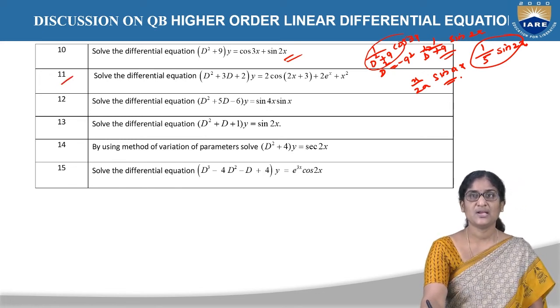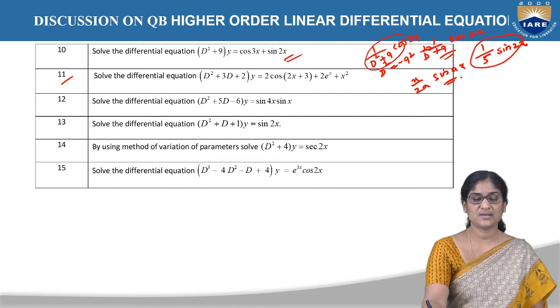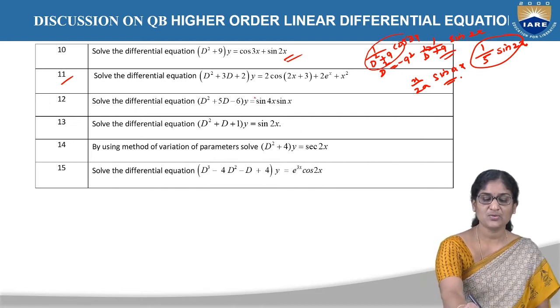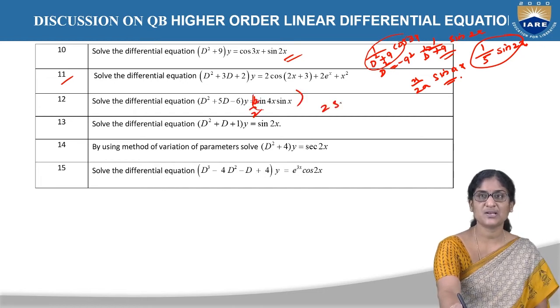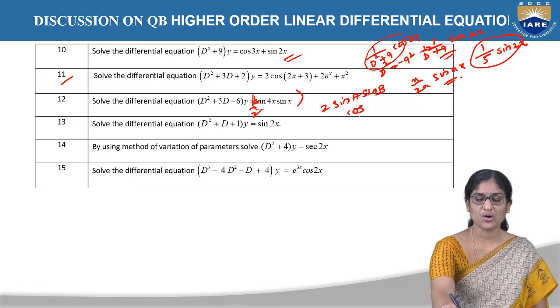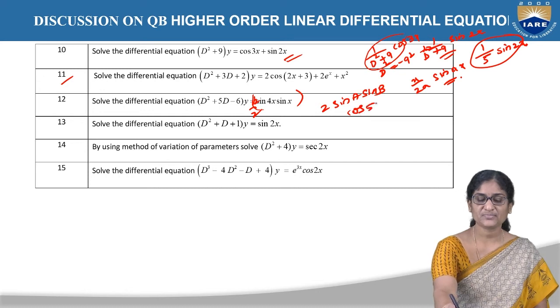Now the 12th question: (D squared minus 5D minus 6) y is equal to sin 4x sin x. Again you multiply and divide by 2 and take the trigonometrical transformation using sin a and sin b to solve the particular integral. So we will get it in terms of cos, that is cos difference minus cos sum, that is cos 3x minus cos 5x, into 1 by 2.